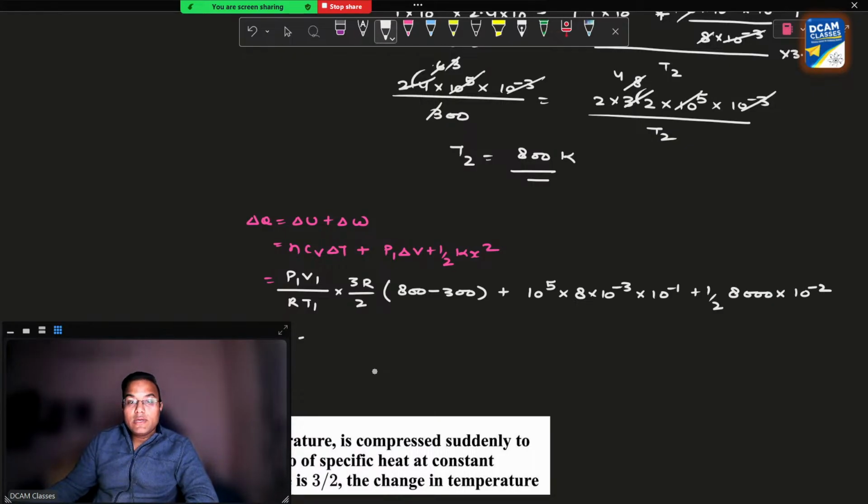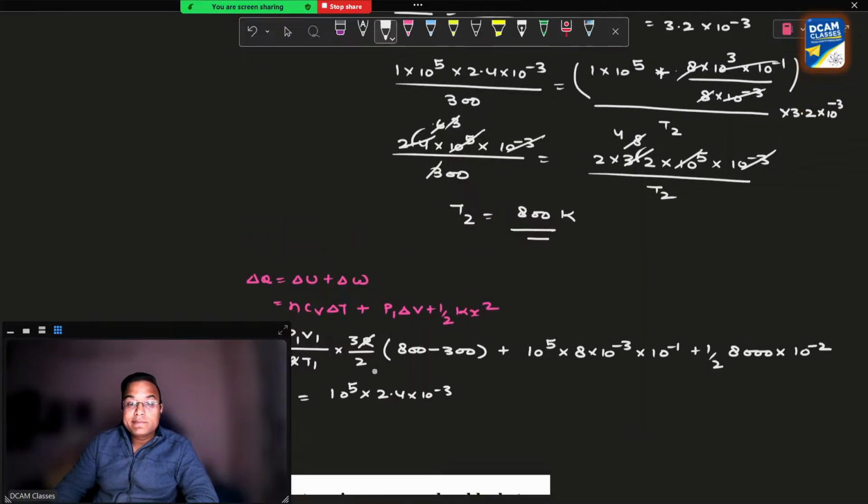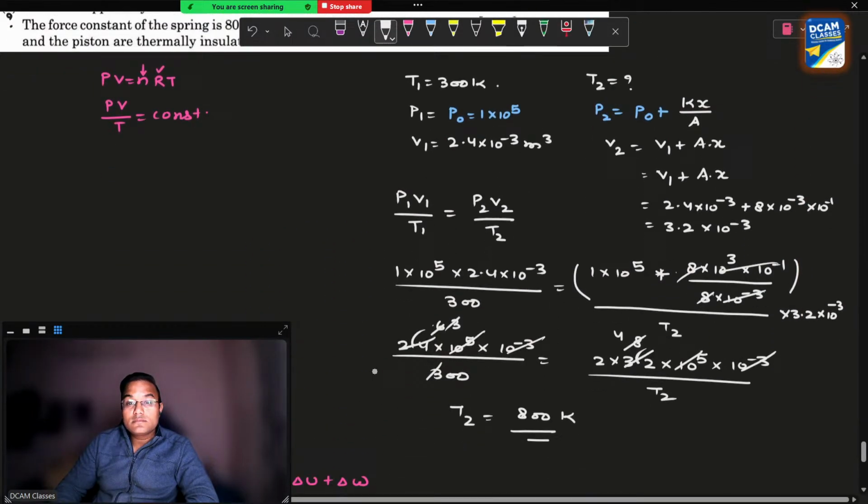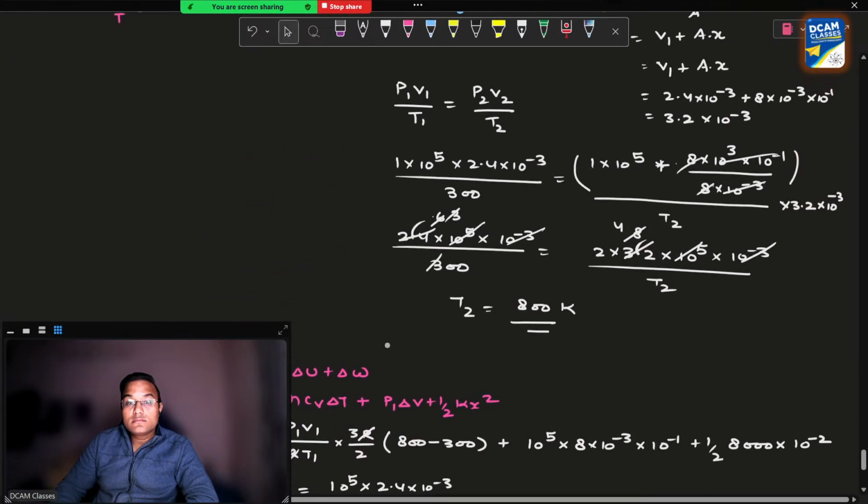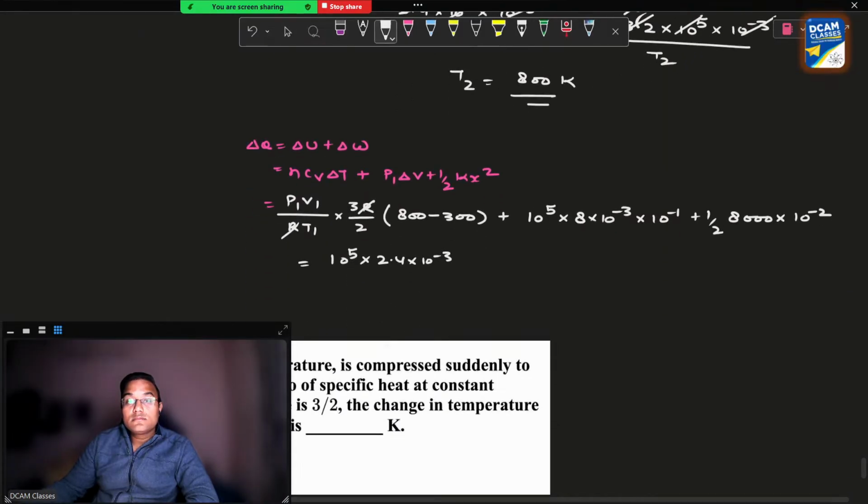This value you have to calculate. R will cancel, 10 power 5 into 2.4 into 10 power minus 3 with 300 Kelvin.